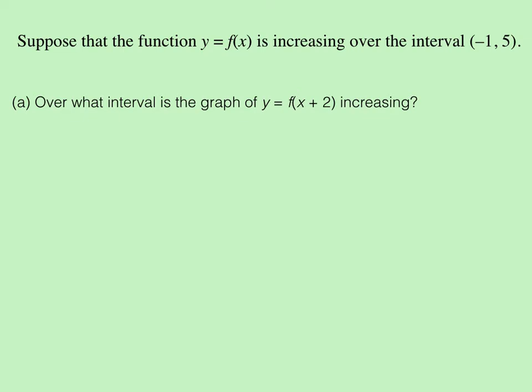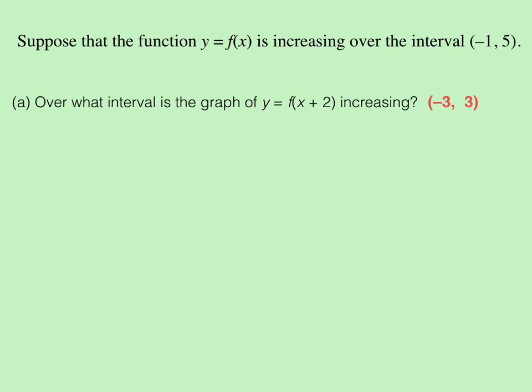You just have to remember what f of x plus 2 implies. It means you're making a shift to the left. Therefore, the curve will be increasing over the interval of -3 to 3 because I've subtracted 2 from each endpoint of the given interval.